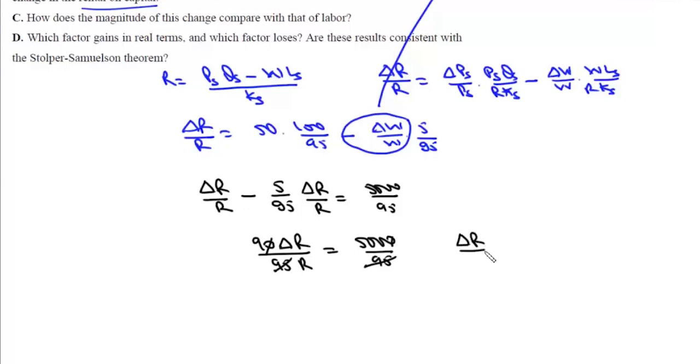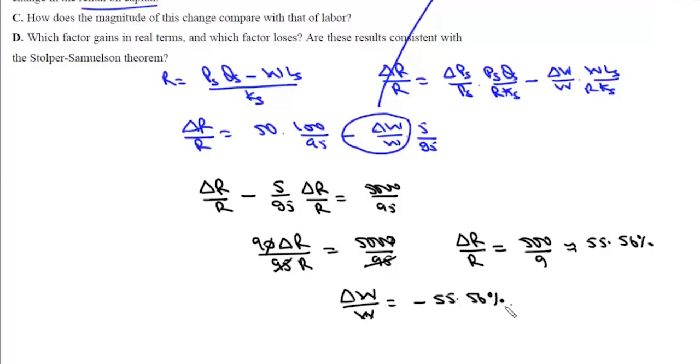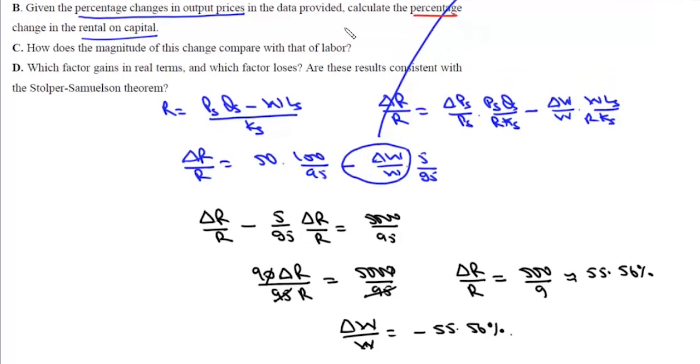So the change in rent is given by 500 by 9, which is nearly 55.56%. And since delta W upon W is minus delta R upon R, it will be minus 55.56%. So the percentage change in the rental on capital is 55.56%.